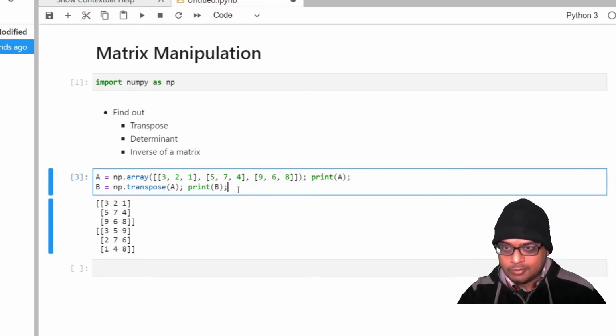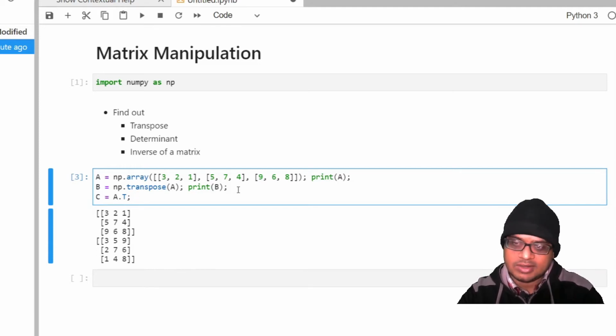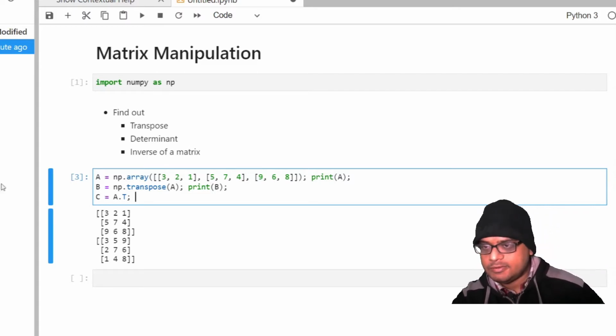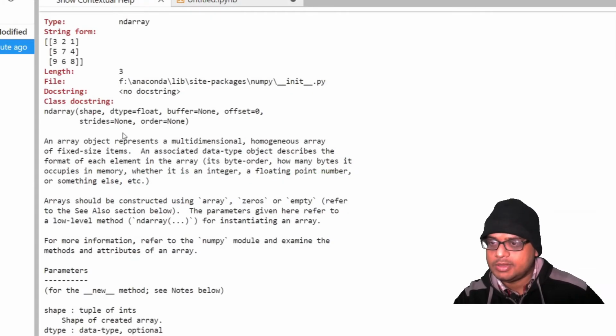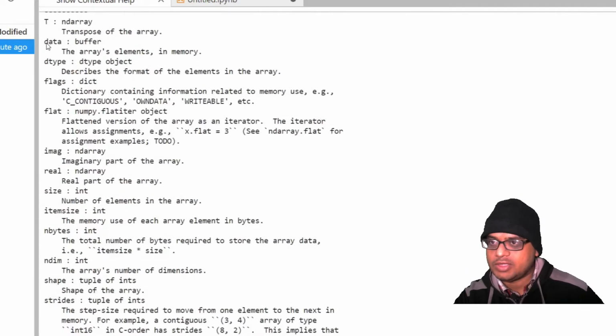There's another way of defining the transpose of a matrix. So C is equal to A.T. This is also a way of transposing the matrix A, in the sense that the object A has a method transpose denoted by T. If we double click on A and go to the contextual help, it will show some of the attributes such as A.data, A.dtype.